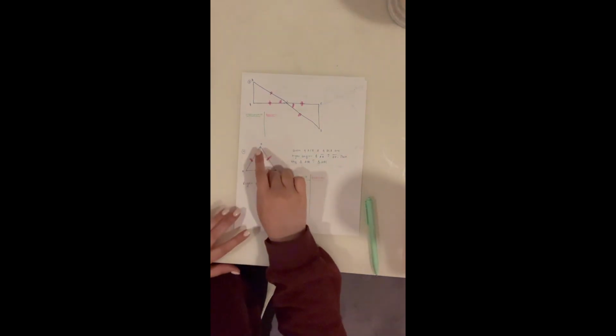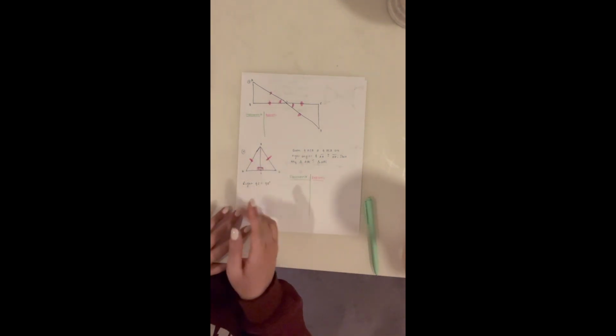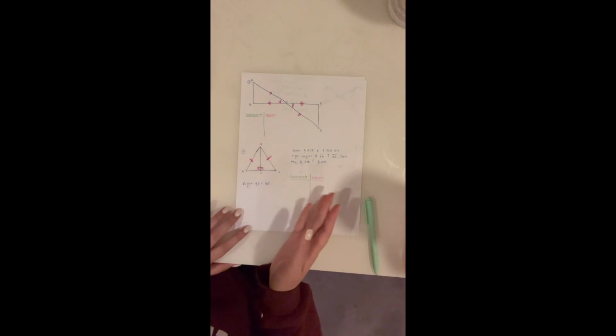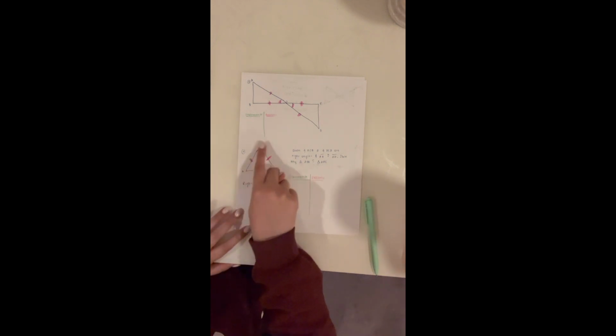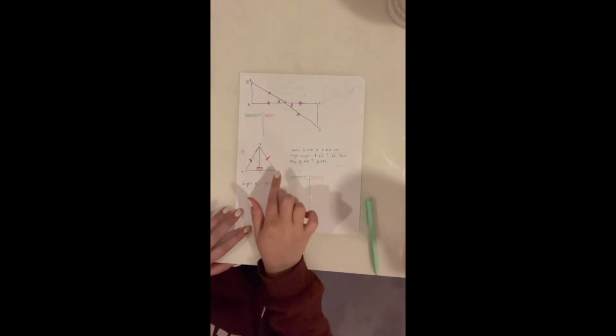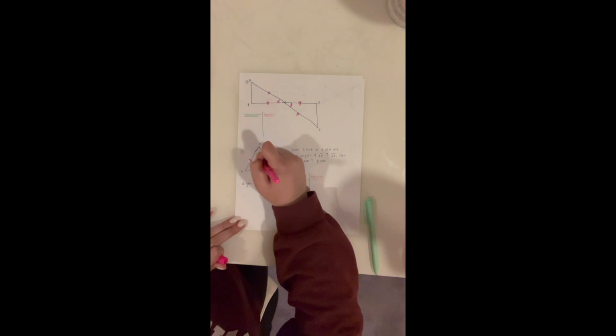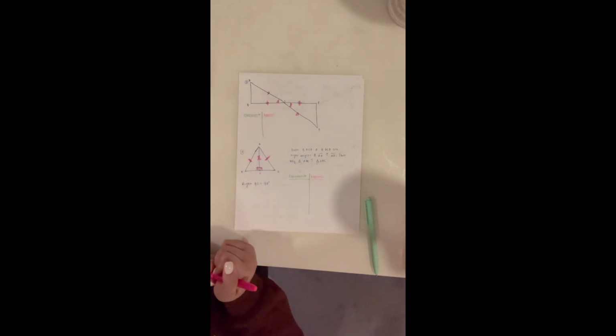And then lastly, we know that this leg is the same leg for each triangle. So this leg is a leg of triangle ABC, and this leg is also a leg of triangle DBC. So therefore, this leg is the same. It belongs to both triangles, so it has the same distance no matter what. So that's the reflexive property right there.